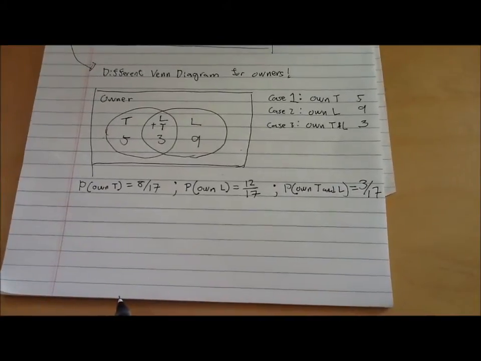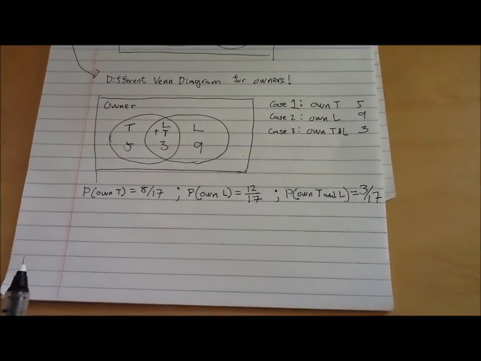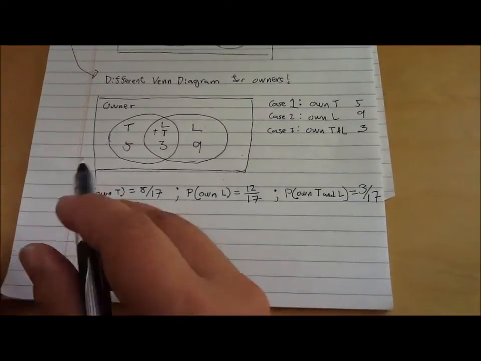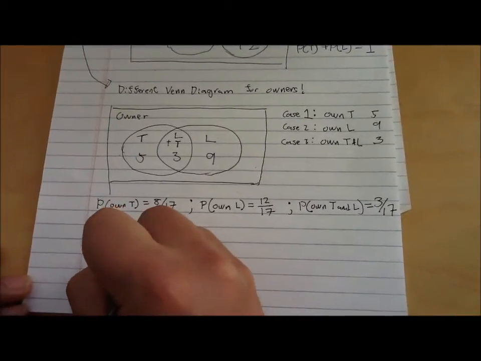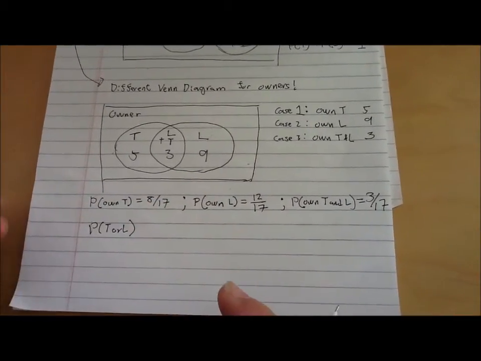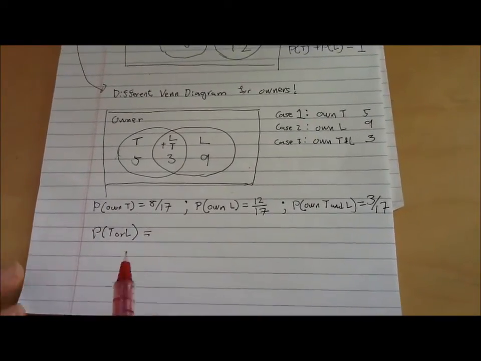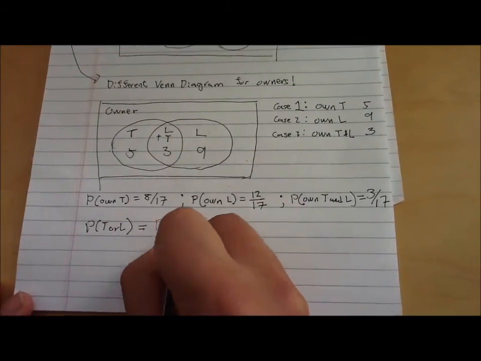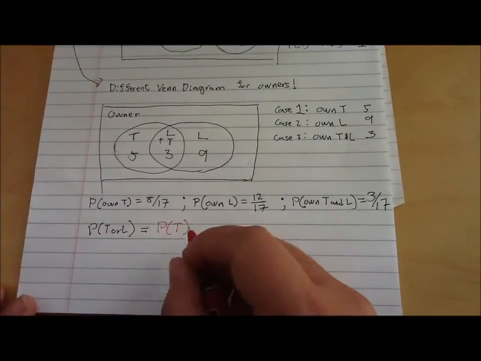But now we can ask a question: what is the probability of owning a T or L? Of course, just by logic, it has to be 1. But we're going to do this demonstrating the general rule of addition. So P of T or L is equal to P of T. Remember, now we're talking about ownership, not the dogs themselves.